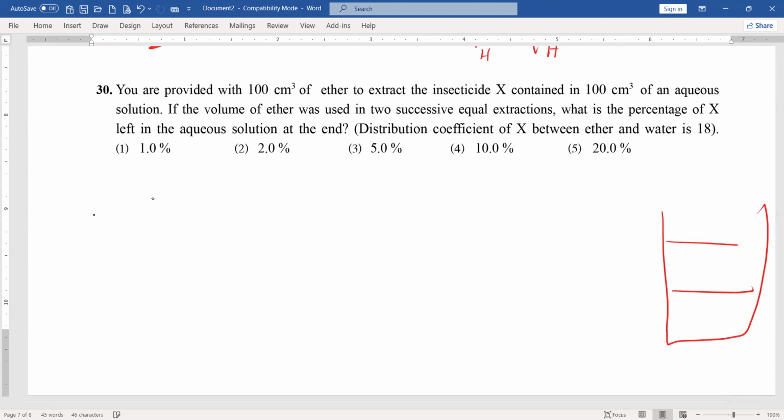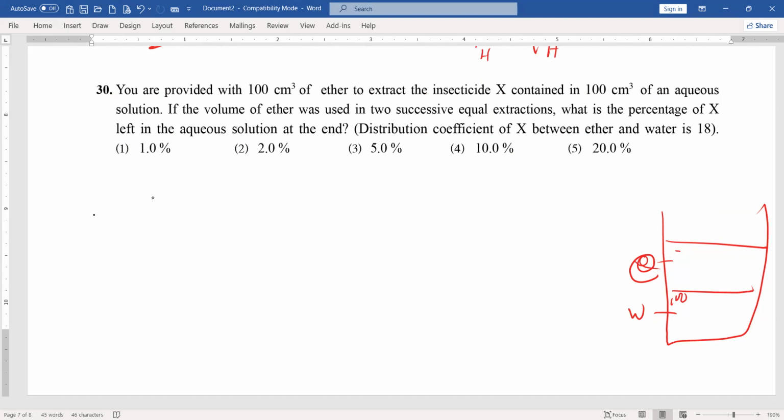Water layer, ether layer. I put W and E for the different layers. It would be 100 cubic centimeters. If the volume of ether was used in two successive extractions, the ether is 50-50.